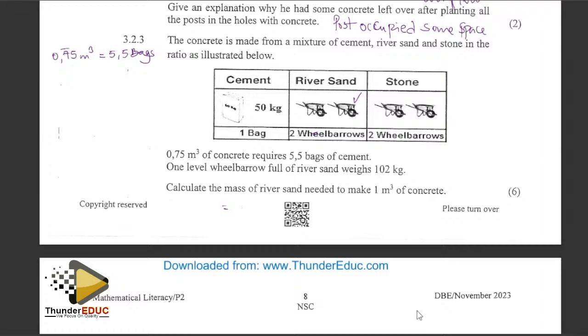0.75 meters cubed, they give us 5.5 bags. Now, what about if you have 1 meter cubed? How many bags will you have? I'm looking for the number of bags. These ones will lead me to the number of wheelbarrows that I need. So this simply means I will cross multiply. This multiplies with that, this multiplies with that. At the end, I need to divide 5.5 divided by 0.75.